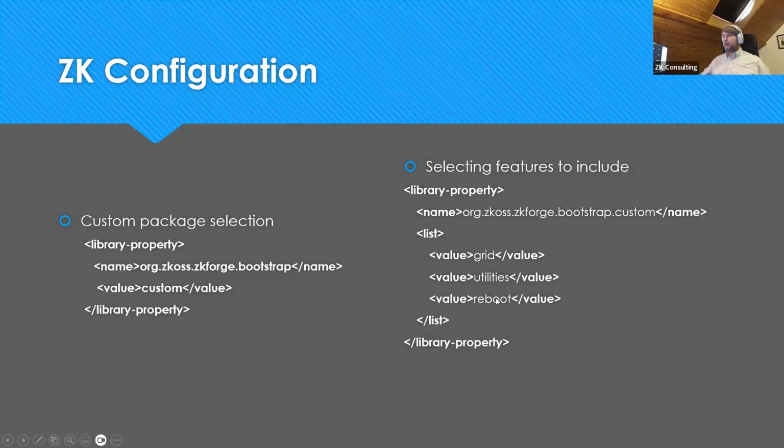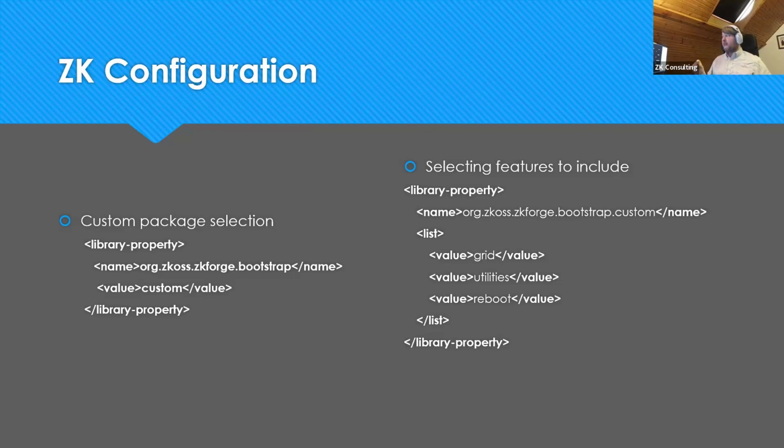And then you have the reboot package. The reboot package is a normalizing package. It essentially removes browser differences and creates a level playing field between browsers. So if you want a page that is going to look exactly the same when you're looking at it on Chrome on Windows, or on Firefox on Linux, or on Safari on your Mac, having the reboot package will already pre-normalize all your page.